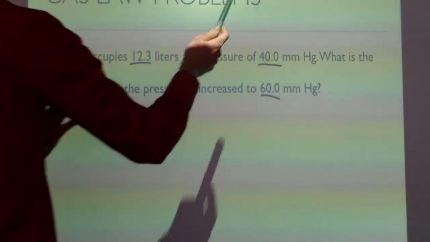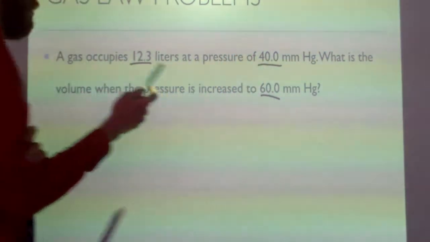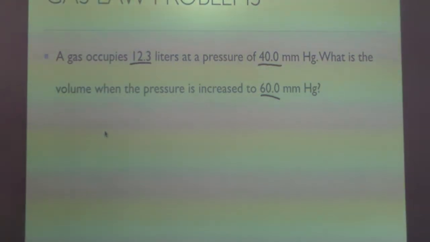What you should look at is the pressure. We know that the pressure increased from 40 to 60. Think back to the pressure-volume law, and you should remember that they're inversely proportional.